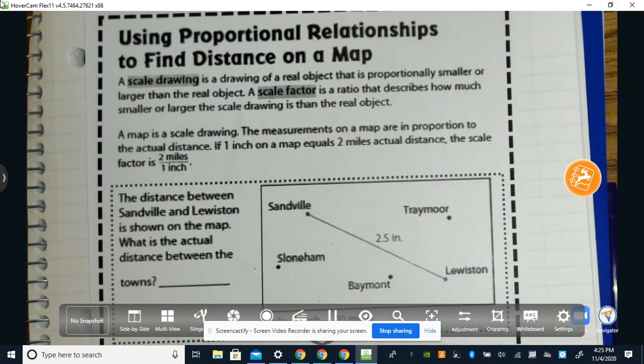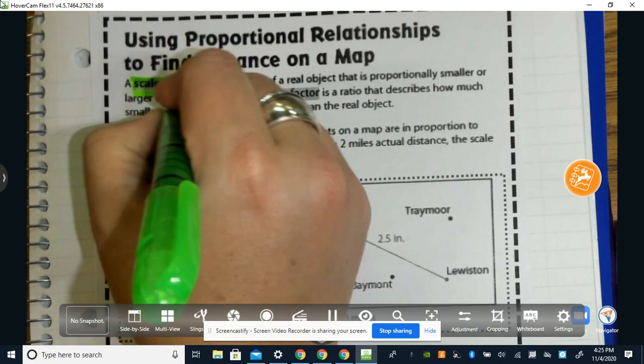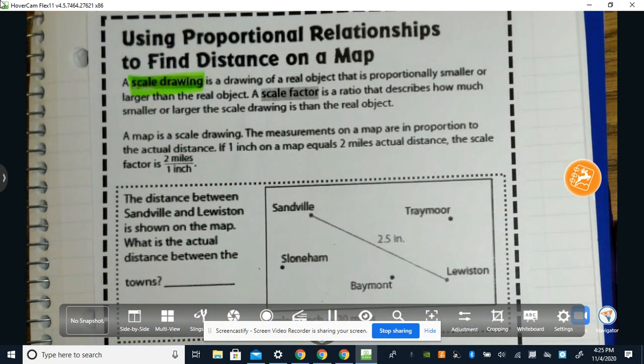Now, a scale drawing is a drawing of a real object that's proportionally smaller or larger than the real object. So if you think of maps, that is scale drawn. If you think of monuments, first they had a miniaturized drawing of it, and then they created it.